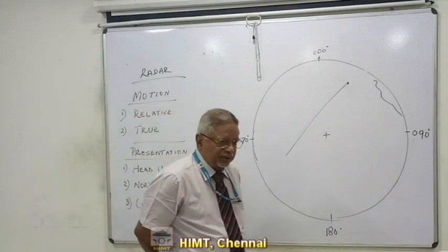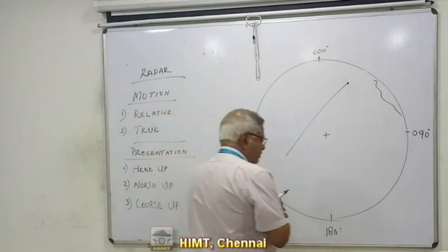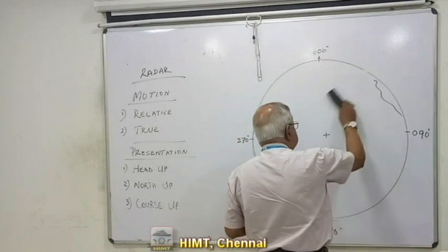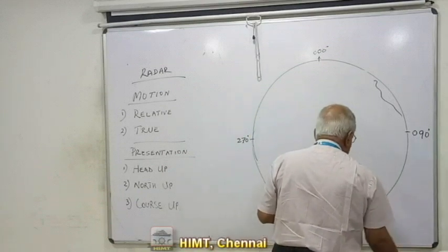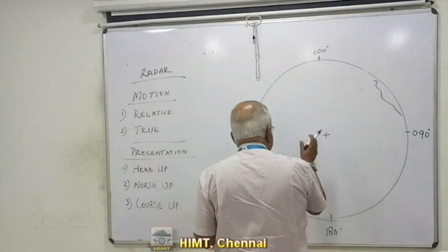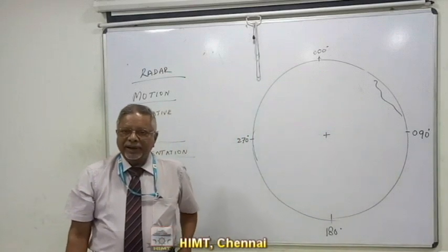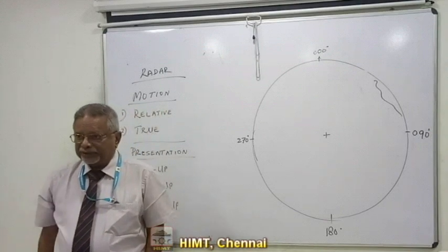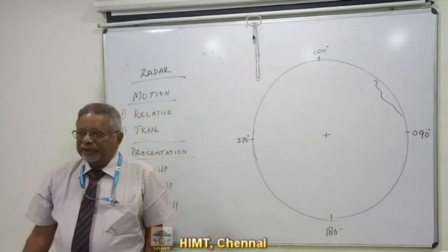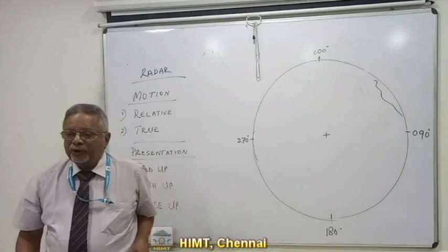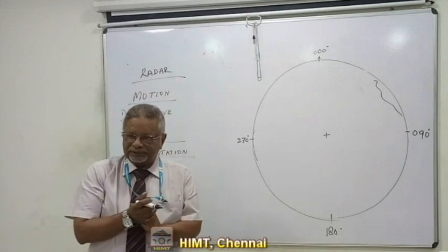Yes? Understood? So that is as far as relative motion is concerned. Now as far as true motion is concerned, once your gyro feed is given to the radar and your radar is gyro stabilized, you can have true motion, where your own ship's movement will be shown.